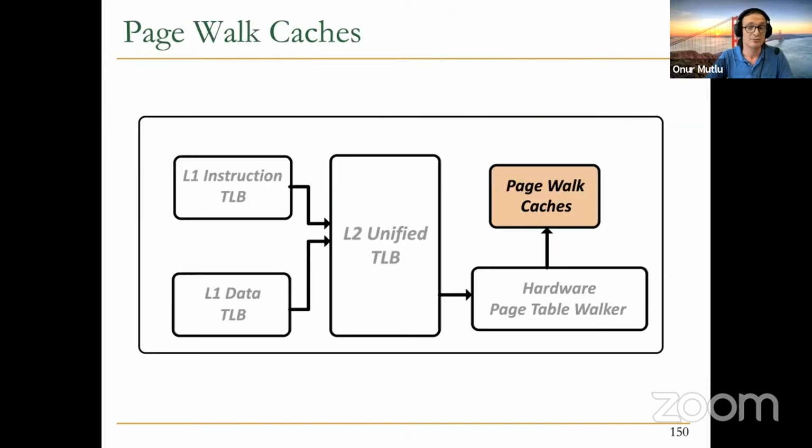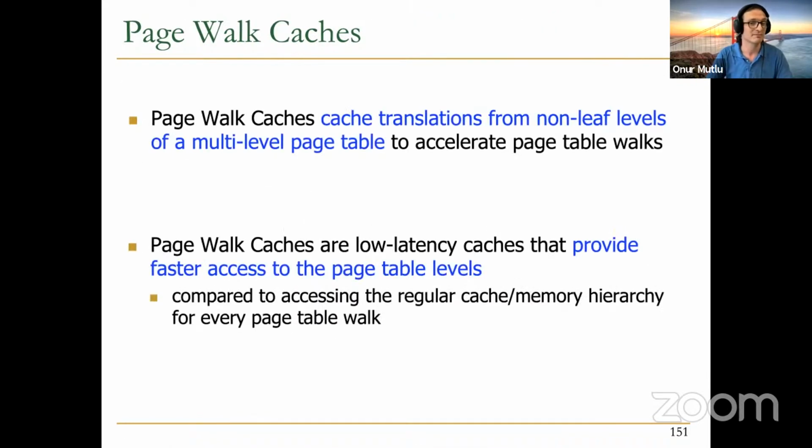Why? Basically, you want to speed up the hardware page table walk. That's the idea. I already said all of this, actually. These are low latency caches that provide faster access to the page table levels so that the page table walker does not have to access memory or the cache hierarchy for every page table walk. It can just access these page walk caches, okay?